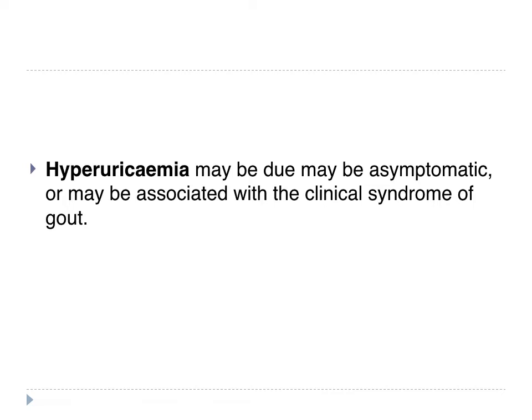If there is a precipitation or deposition, it will be symptomatic. But if not, it will be asymptomatic. And sometimes it is associated with clinical syndromes of gout, or sometimes not.